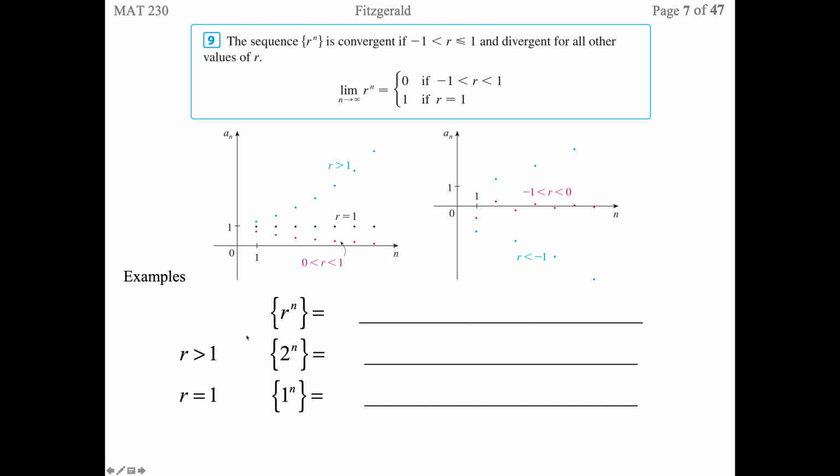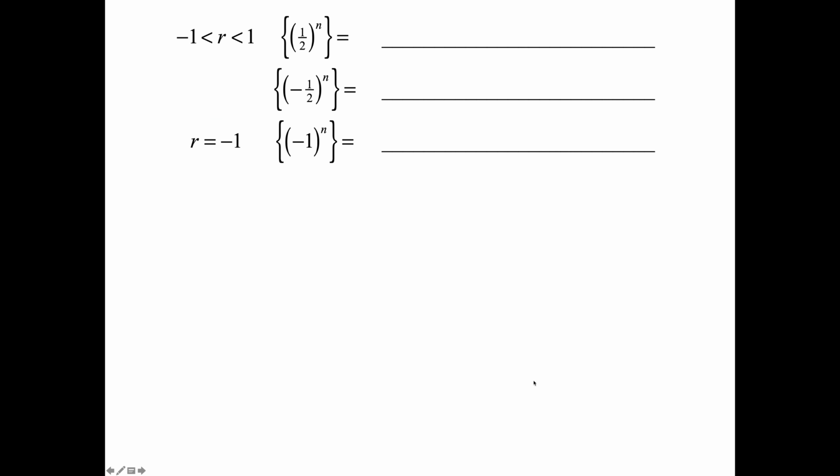So if we look at some examples, if we have r to the n, that just means we're going to increase our powers by 1 forever. R is greater than 1, you can plainly see, that's this example up here, that we're constantly increasing, so there's no limit here, it's approaching infinity. R equals 1, it's always going to be a 1, so your limit is 1.